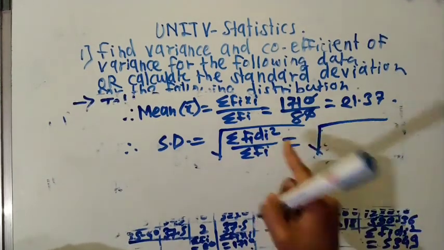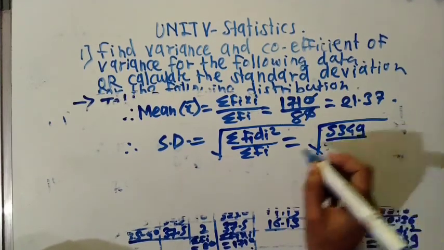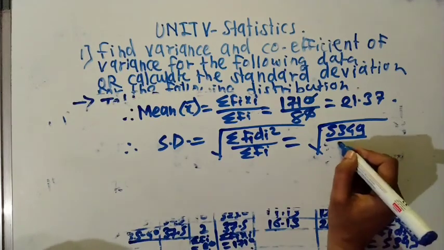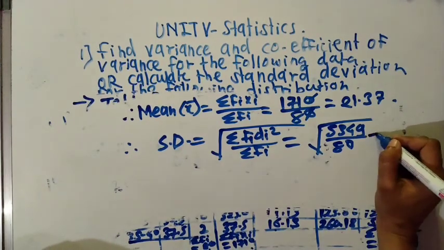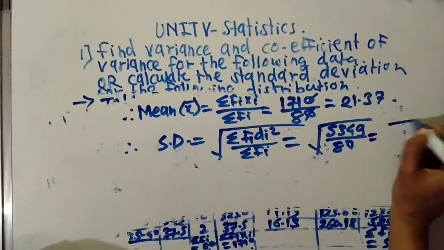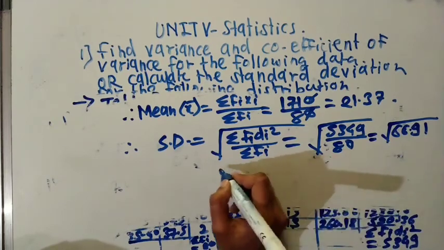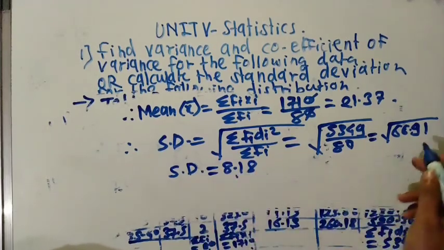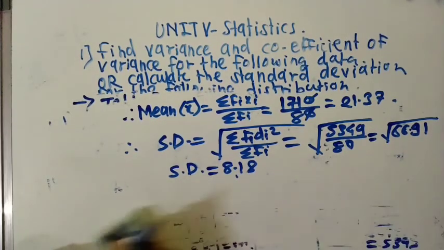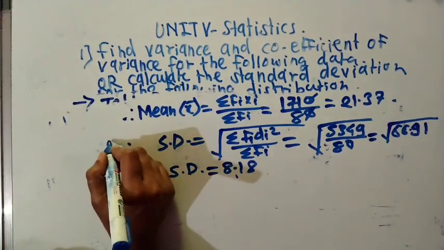Summation of fi di square is 5,349 upon summation of fi, which is 80, and this division is equal to 66.91, which is the square of 8.18. So 8.18 into 8.18 is 66.91. This is first.